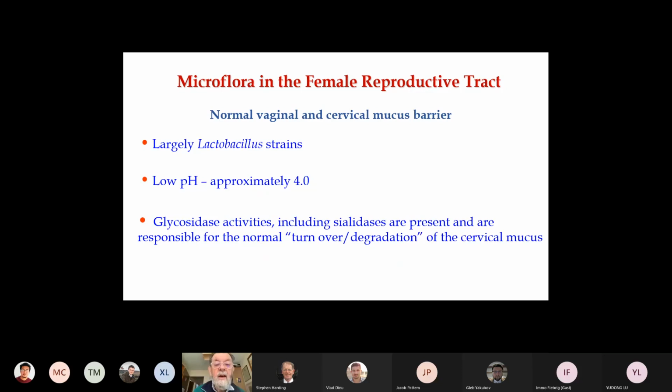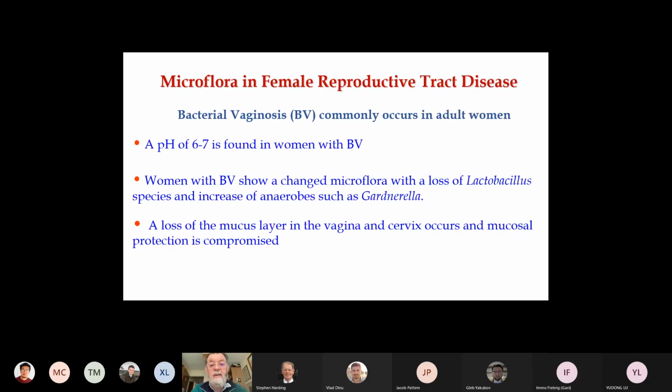The female reproductive tract has a characteristically low pH, down at pH 4, and that is the normal pH which is maintained there. And what we know is that there are glycosidase activities that are secreted by the lactobacillus strains, which are sufficient to carry out normal turnover and degradation of the cervical mucus. So next slide, please.